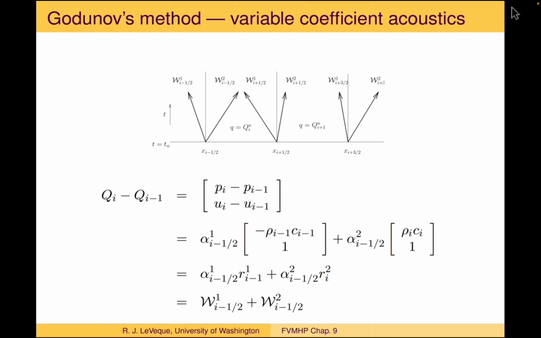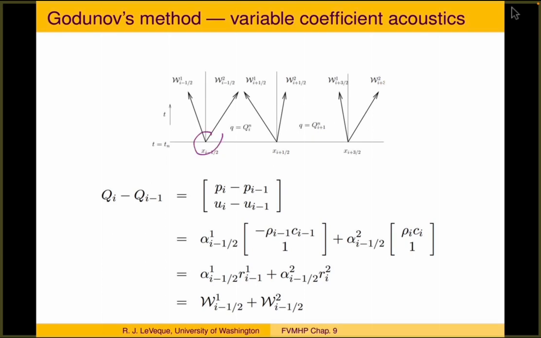But in addition to taking piecewise constant initial data Q, we would also take piecewise constant material parameters, rho and K. And so then when we have a Riemann problem in each time step, at each of these Riemann problems, we have exactly the sort of problem we were just looking at. So at this Riemann problem, we would end up getting a left-going wave that's appropriate to the material parameters in that state, but a right-going wave that's appropriate to the material parameters in that state.